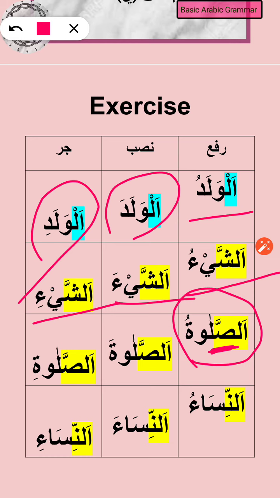And what do shamsi letters do? They hide away this lam. So we have as-salatu and not al-salatu. Okay, so we have hayya ala salah and not hayya alal salah. Even you can feel it yourself, because saying hayya ala salah is easier than saying hayya alal salah. So we have as-salatu, as-salata, as-salati, it means prayer.